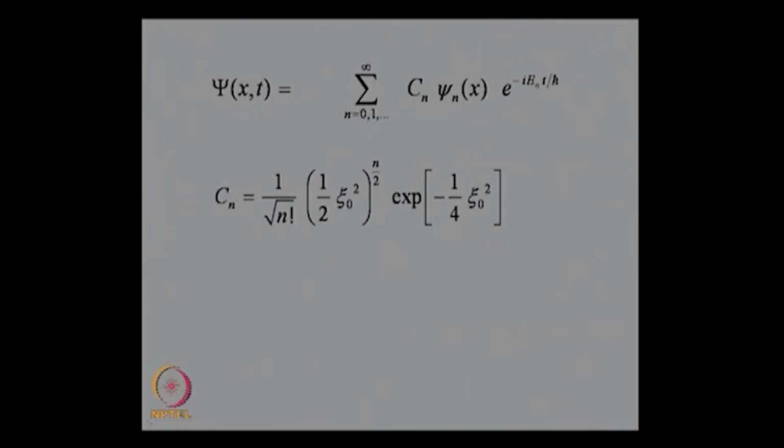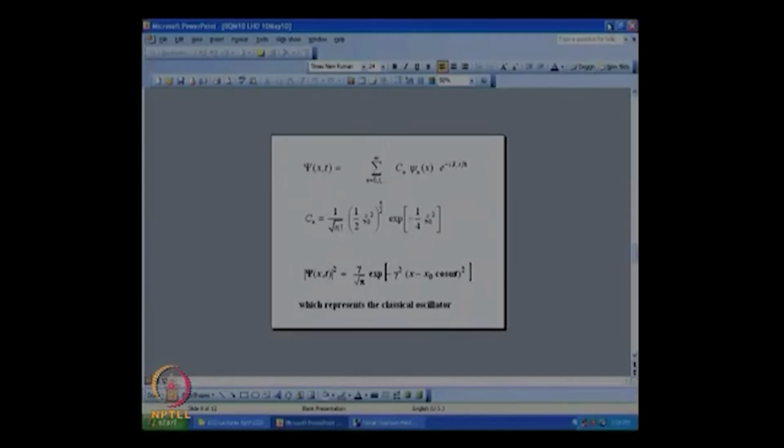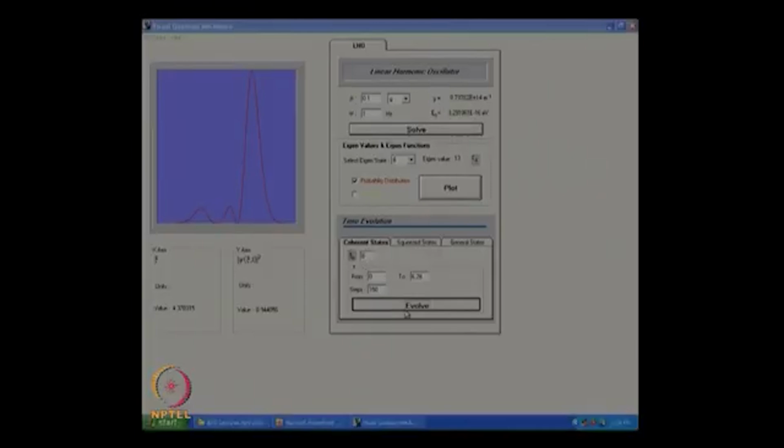I then say let me choose Cn equal to so much, C1 equal to so much, C2 equal to so much, C3 equal to so much, C4 and C0 equal to so much. Let Cn be like this. It is a superposition of an infinite number of states. But I have to give the value of xi 0 and let me do that. So, that is known as a coherent state, and I choose the value xi 0 equal to 8 and I evolve with time.